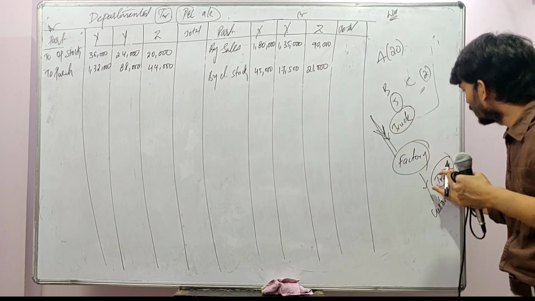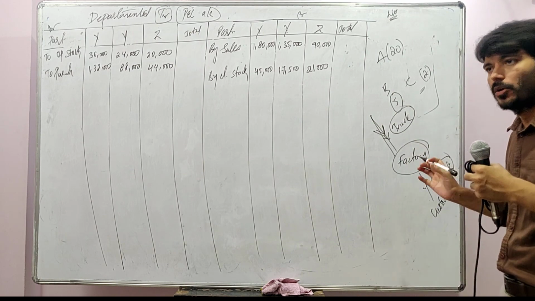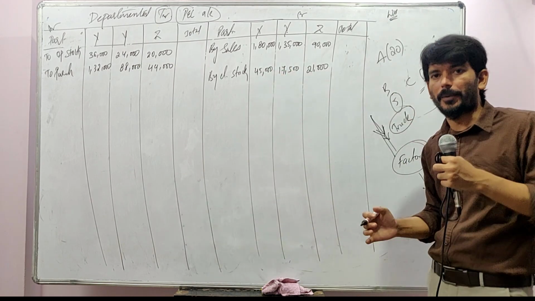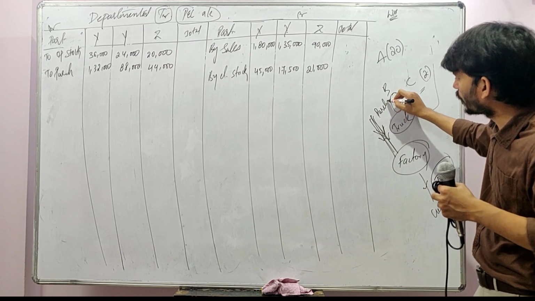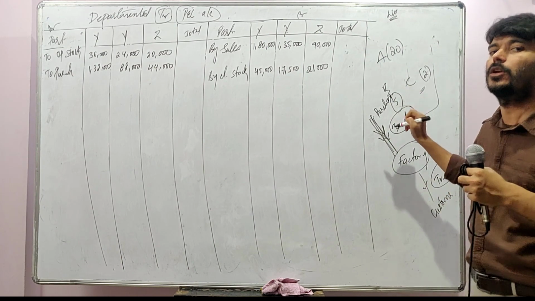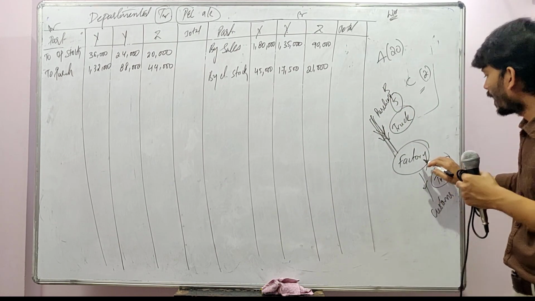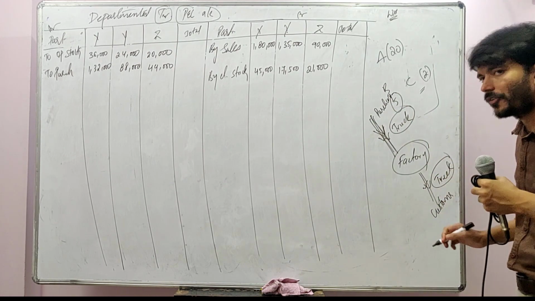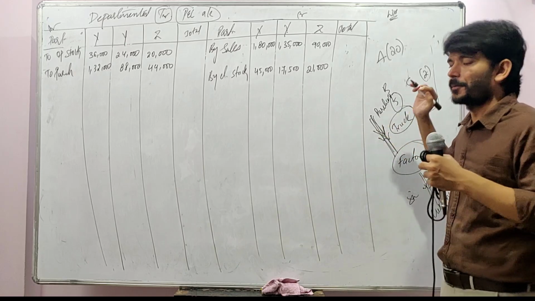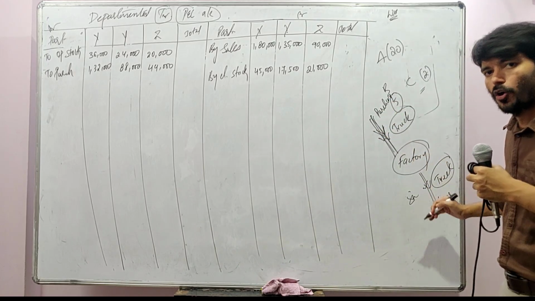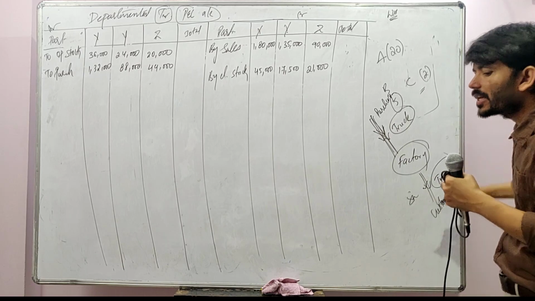Carriage inwards. These are carriage outwards. While your goods are going out, you are paying. So this should be based upon your purchases, because the truck is coming only for your raw material, right? And this truck is going for your sales. So carriage inwards should be based upon your purchases. Carriage outwards should be based upon your sales. Okay?